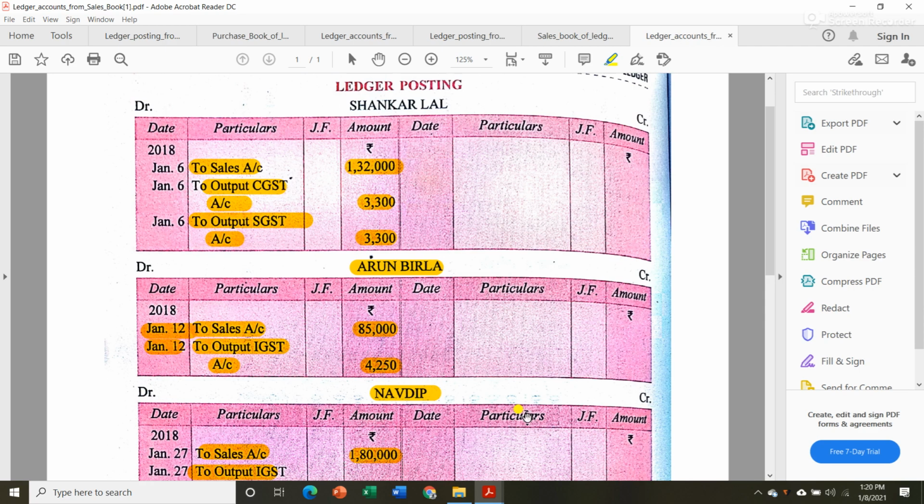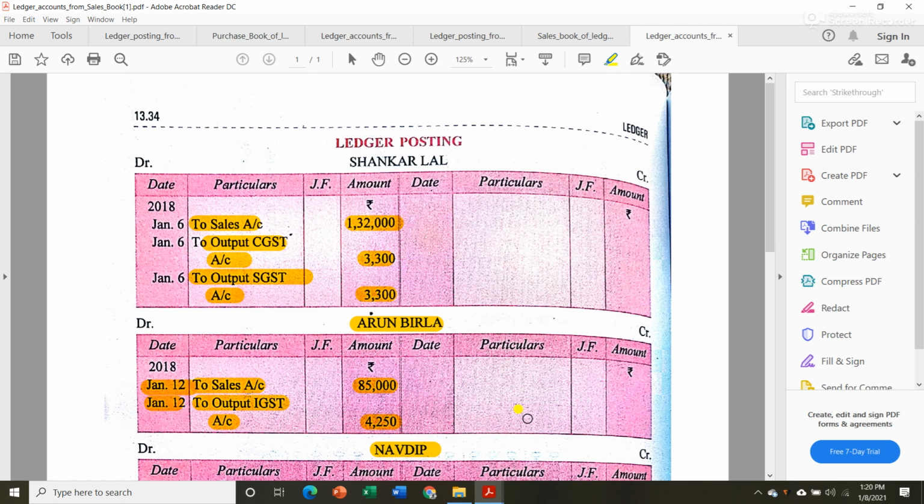See, this is how you are supposed to prepare purchase book, and how we are supposed to prepare ledger from purchase book. Then sales book is also same, but the rule will be opposite. While posting ledger accounts from purchase and sales book, if you remember these rules, then it is very easy. And now in this question they haven't asked for trial balance, so we haven't balanced all the accounts.